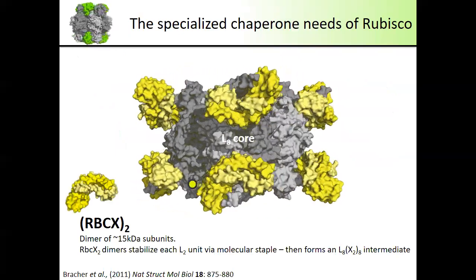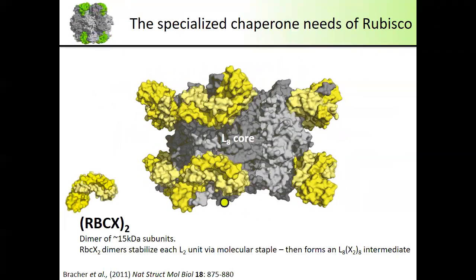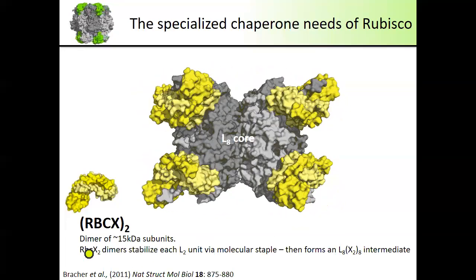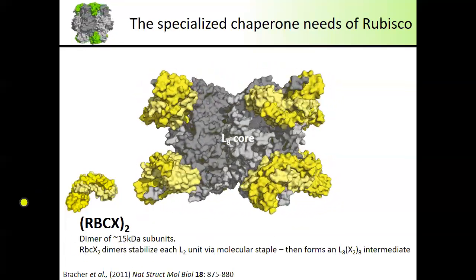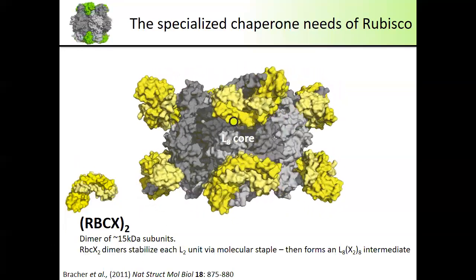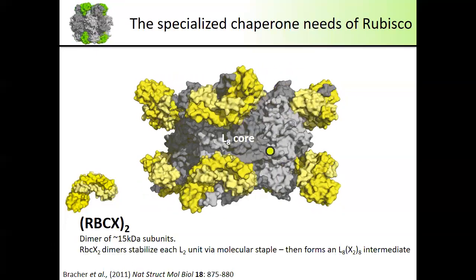So what we have is this other molecular chaperone, which acts like a molecular staple and comes in a dimer. It's a very small protein, only about 15 kilodaltons, called RBCX. And we showed many years ago that this actually stimulated the assembly of Rubisco, but we didn't know how.